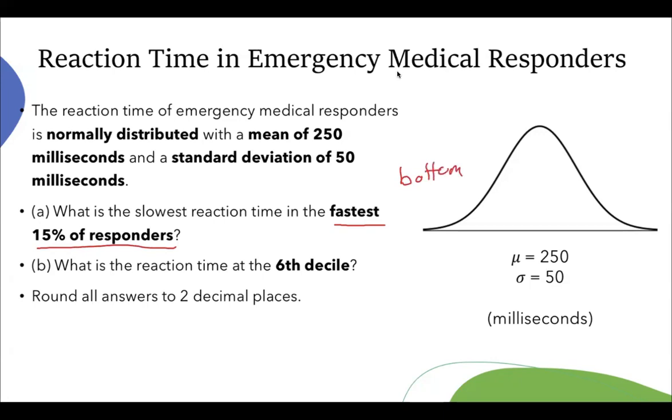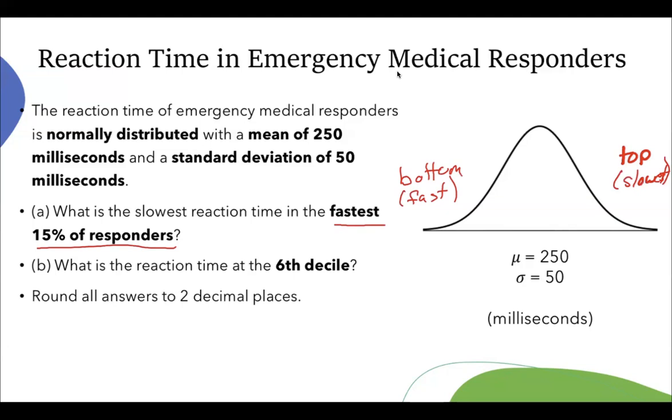So these people are the fastest, and the slowest are on the top of the curve. That may make you miss a particular type of question.